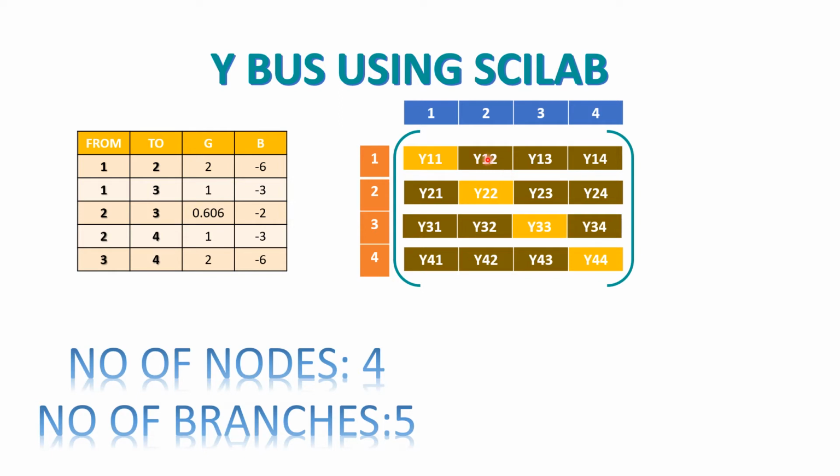Y12 represents the mutual admittance from node 1 to node 2. That means if there is any line connected between 1 and 2, then that is represented as Y12. Since it is a symmetric matrix, Y12 is equal to Y21 and Y13 is equal to Y31. Like that, this Ybus matrix is formulated. Now our task is to write a program to fill all these elements in this matrix.